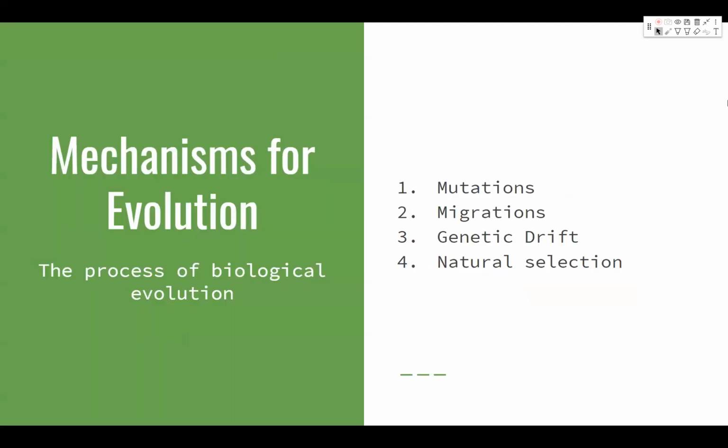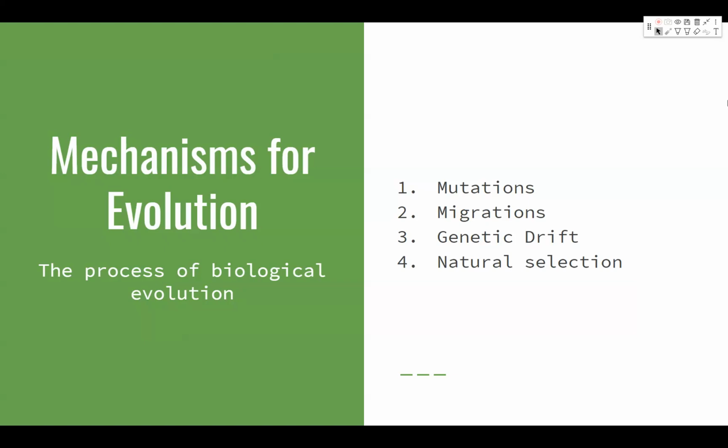There are a lot of different mechanisms, or ways, that evolution can happen. We're going to talk about 4 of them. The first is mutations, so changes in that DNA sequence. The second is migrations, also called gene flow. The third is genetic drift.